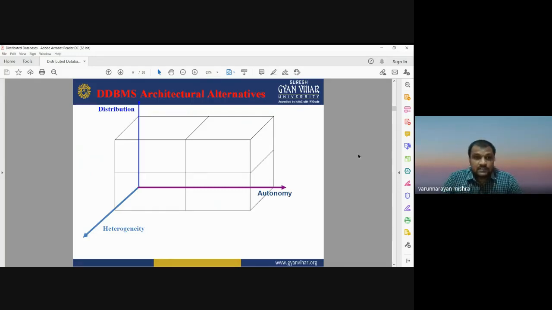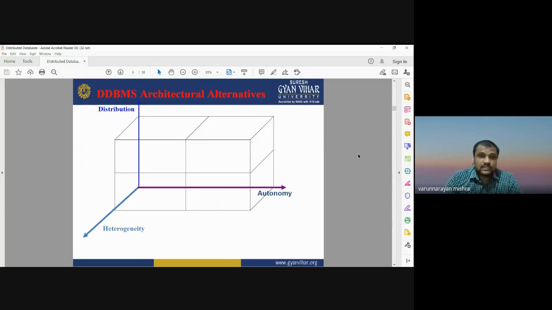If any one of the three does not work, then you cannot design a proper database management system. So all three components should be there when we design the architecture of a distributed database management system.